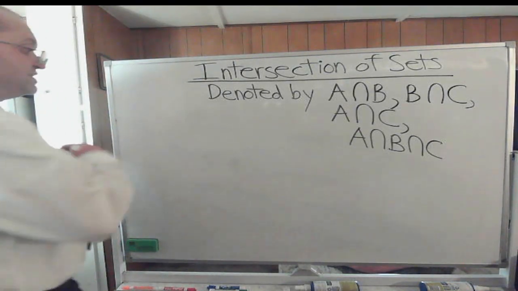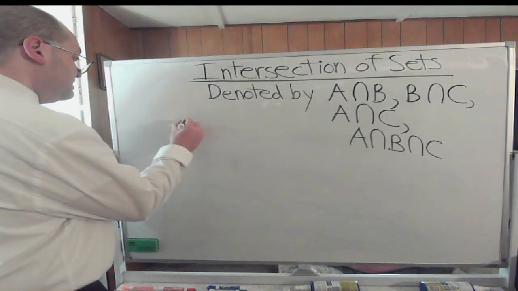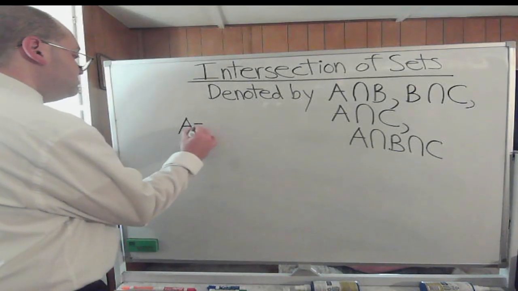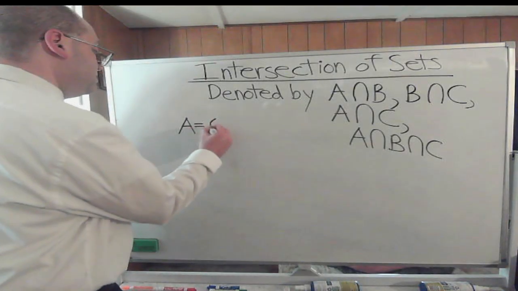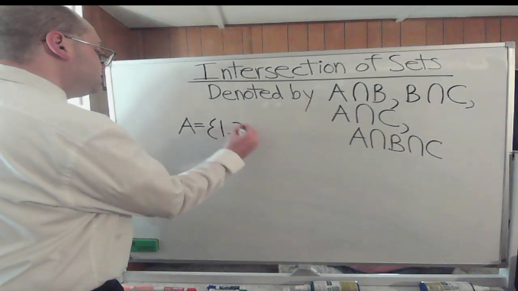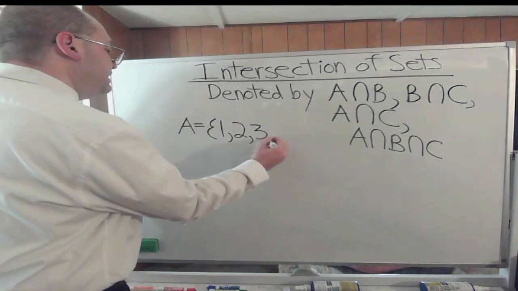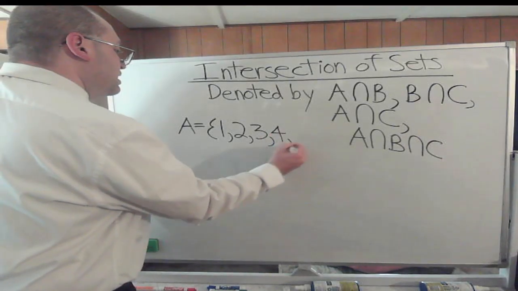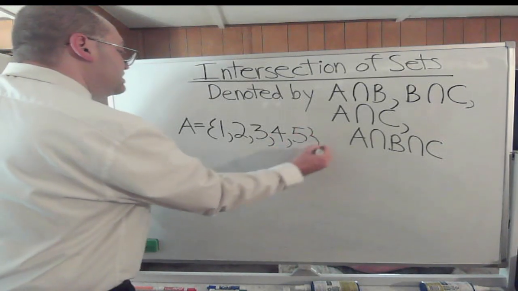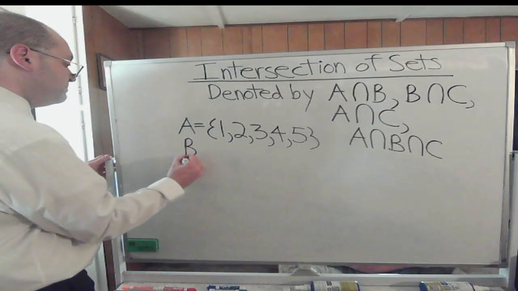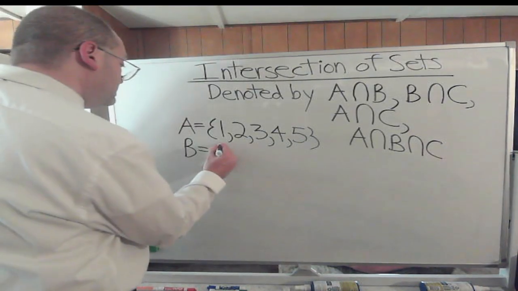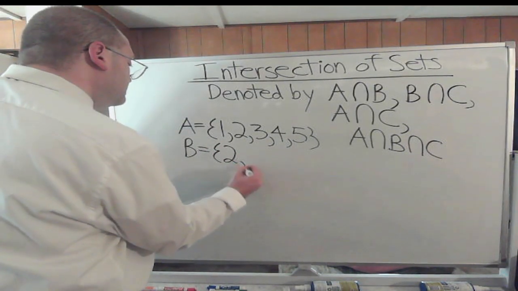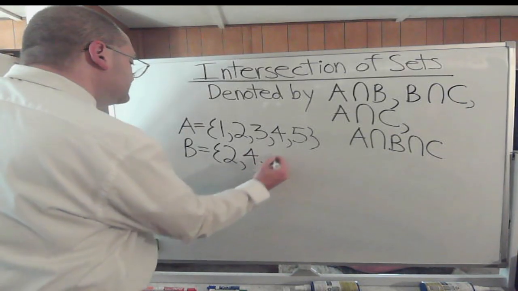So this time, let's see, set A is going to be equal to, we'll go back to our original members here: 1, 2, 3, 4, and 5. Set B is going to be 2, 4, and 6.